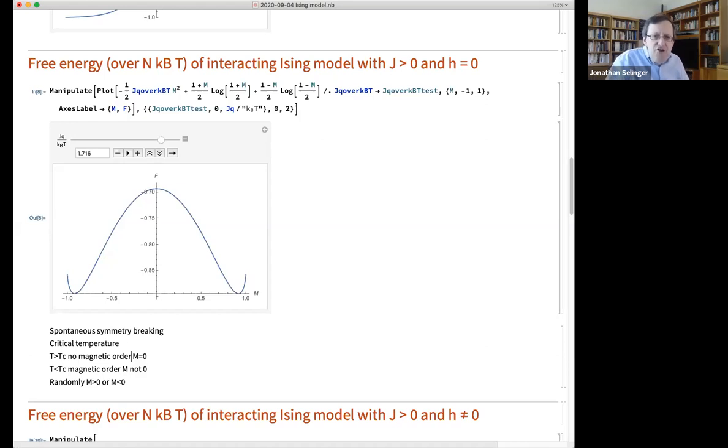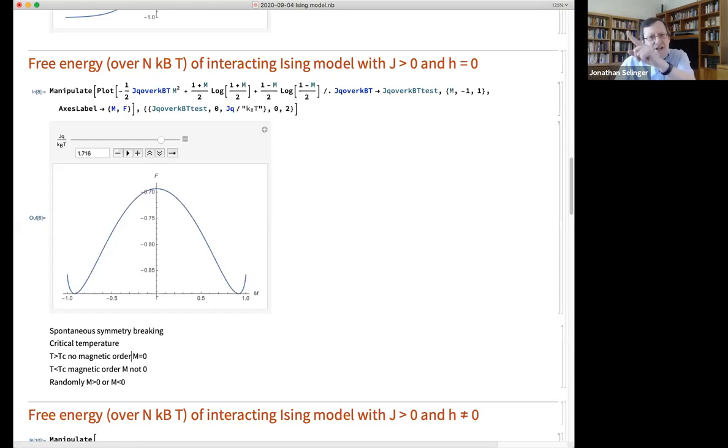So all by itself, the system randomly goes one way or the other. This is a really general phenomenon in statistical mechanics, right? There are lots of important systems where there is order that randomly goes one way or another. Another example that we're going to be leading up to in this semester is a liquid crystal, right? A liquid crystal is a system where when you cool down, the molecules randomly pick some direction to align.